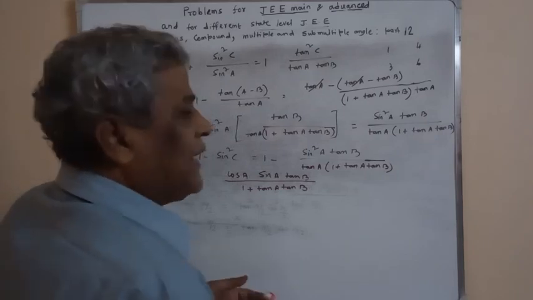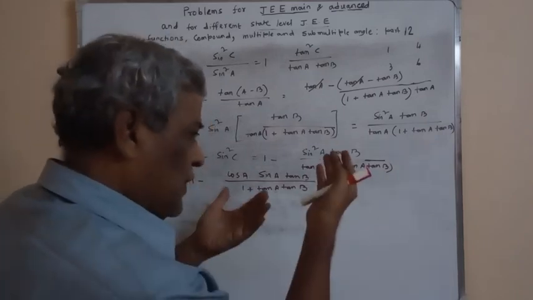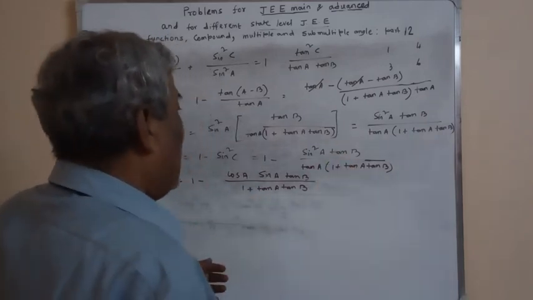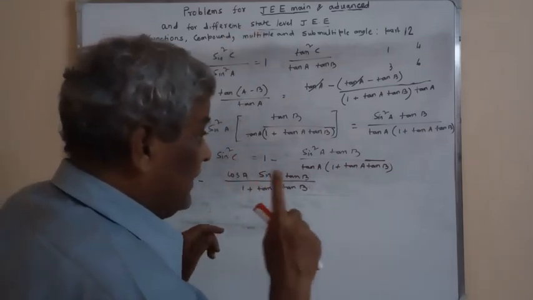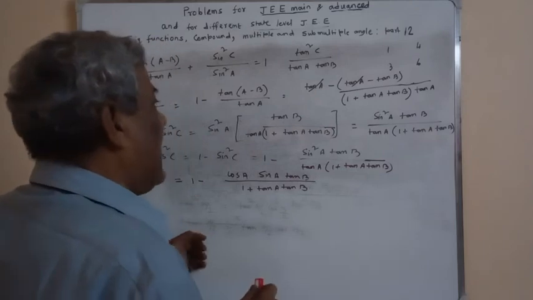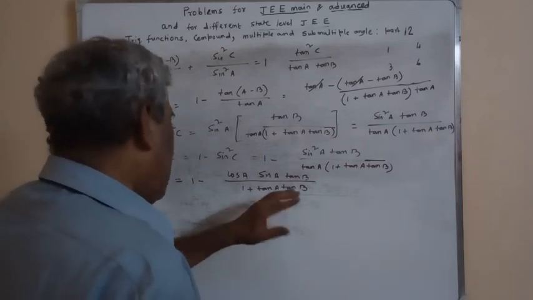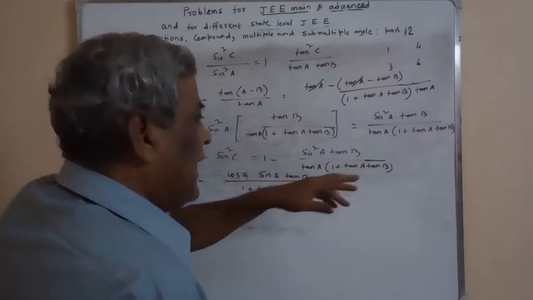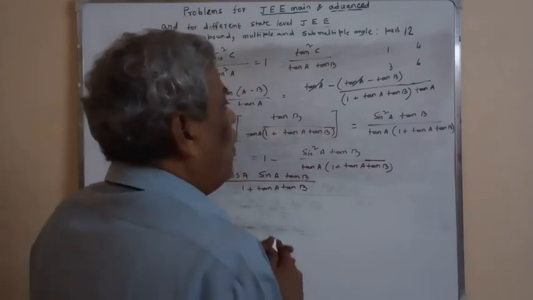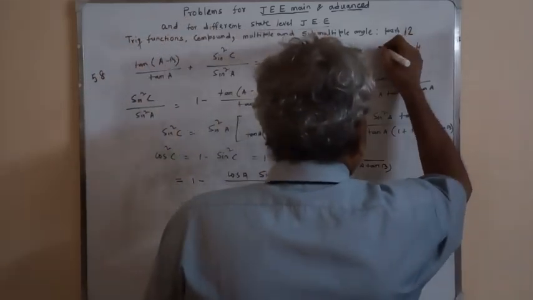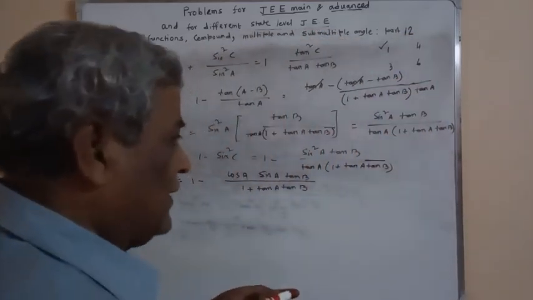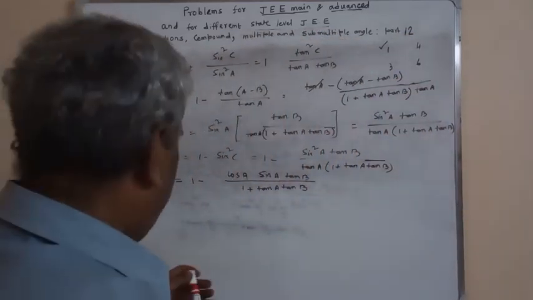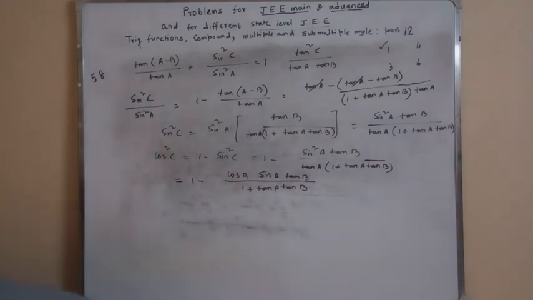Then tan squared c can be obtained, sine squared c by cos squared c, and it would be obtained as tan A into tan B. Anyway, unfortunately, I have mistaken somewhere. Correct answer will be option 1. You try yourself, please.